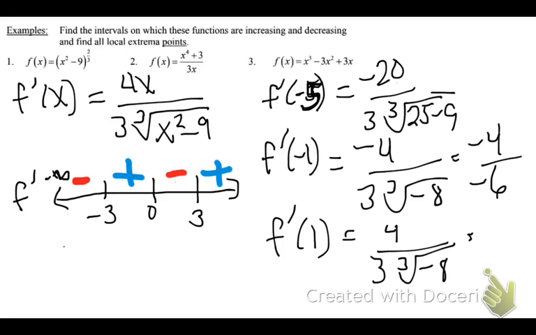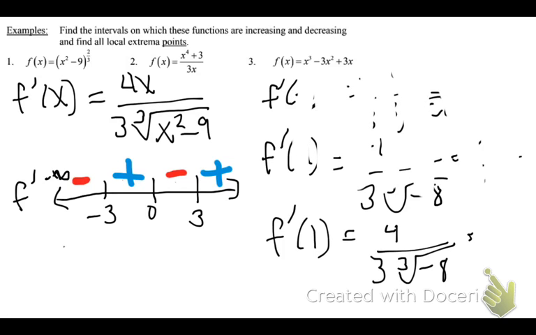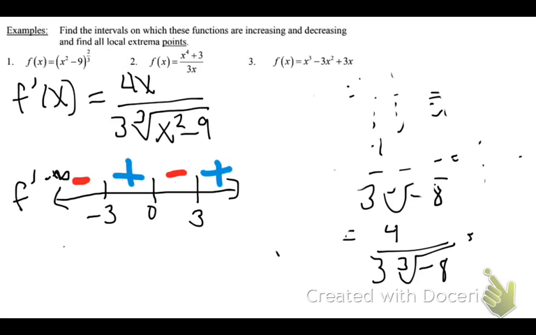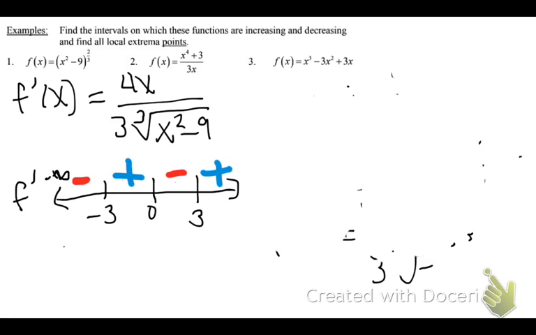All right, so what does this all mean? So when we interpret this, this is telling us that our derivatives, the slope from negative infinity to negative 3 for the original function, the slopes are decreasing.